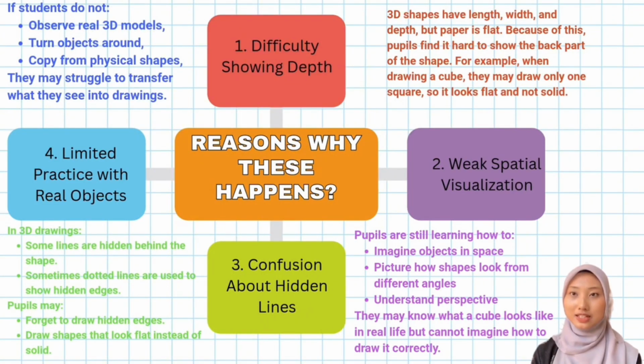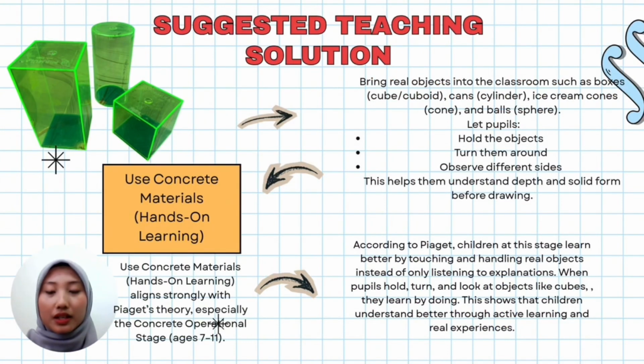In order to solve the problem, one of the suggested teaching solutions is bringing real objects into the classroom. For example, teachers can use objects such as boxes to represent cubes or cuboids. Teachers also can bring cans to represent cylinders.